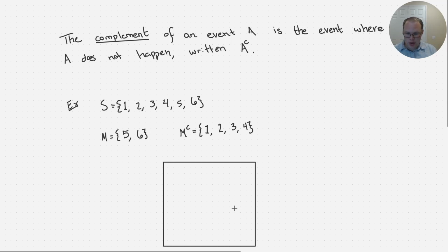Graphically, what's going on here is if this is event A, then everything outside of that, everything that's not in A, is A complement.